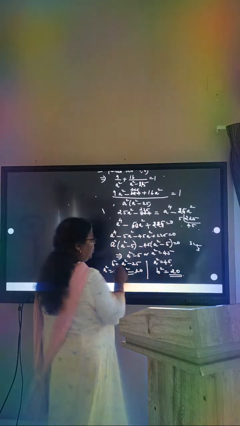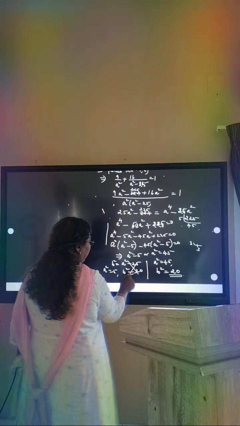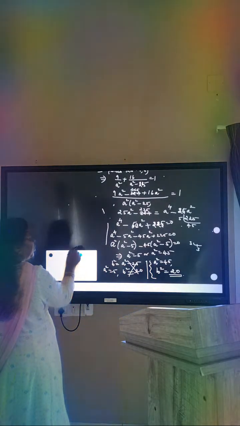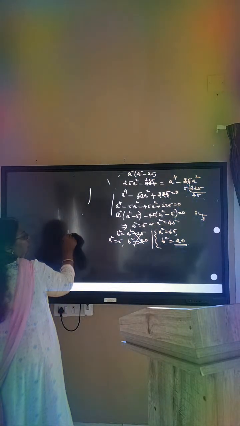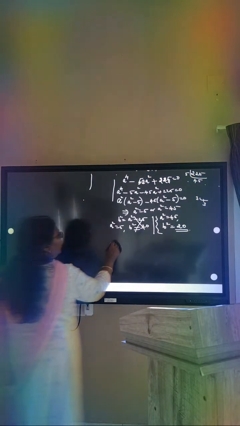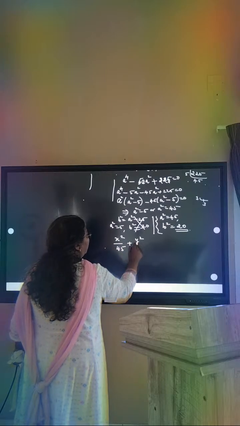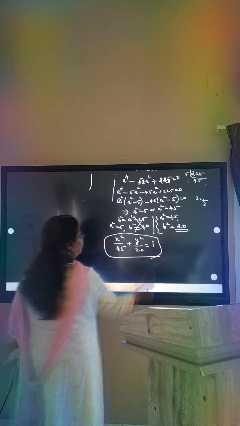And therefore, the equation of the ellipse can be written as x squared by a squared plus y squared by b squared is equal to 1. So this is the equation of the ellipse.